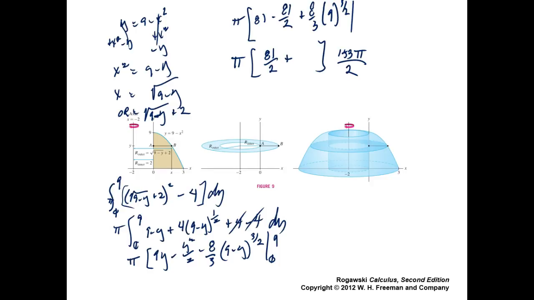All right. And the rest of that is the same. So this is going to be 3 cubed, 27, 9, that's 72, which is 144 over 2 plus 81 over 2. And that's equal to 225 over 2 pi. And that's the answer they got. Sorry about that.